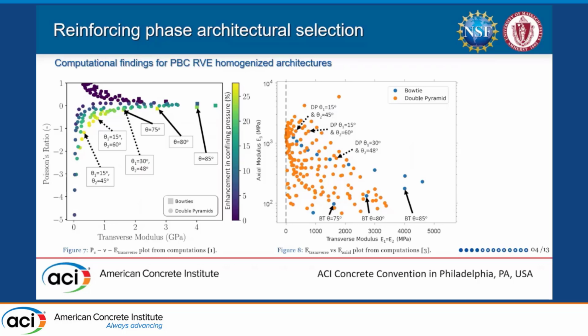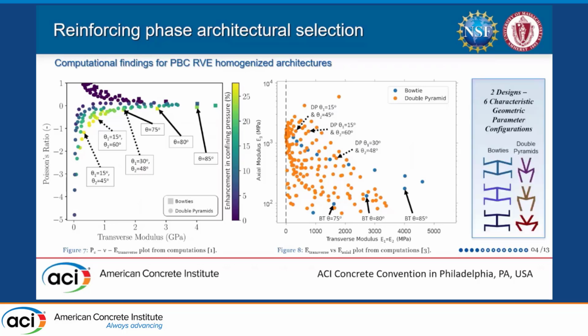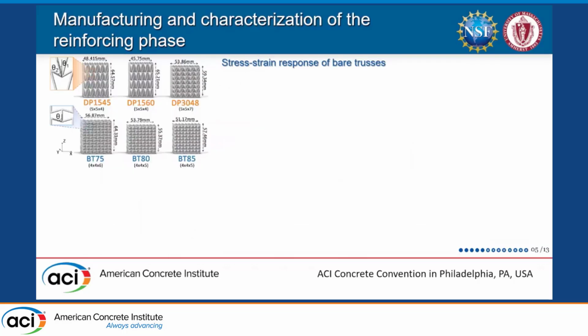This selection happened based on the increase in confining pressure upon the matrix, and also we wanted to select architectures that exhibited a variety of transverse moduli to also explore the compliance of the truss lattices exhibited upon the matrix. So these are the architectures we selected, 3 and 3, for these 2 families.